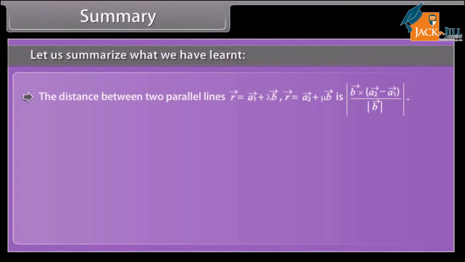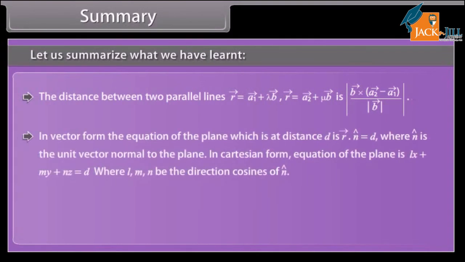The distance between two parallel lines is given by the formula. In vector form, the equation of the plane which is at distance d is given, where cap N is the unit vector normal to the plane. In Cartesian form, the equation of the plane is given, where l, m, n are the direction cosines of cap N.